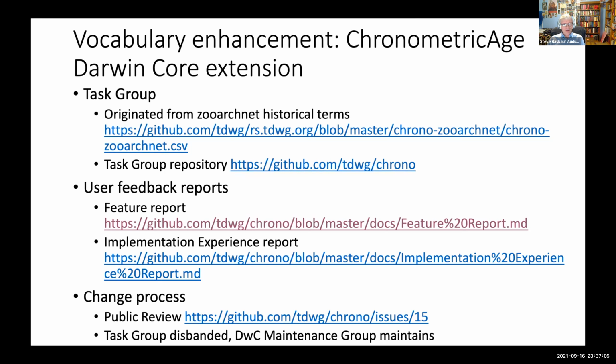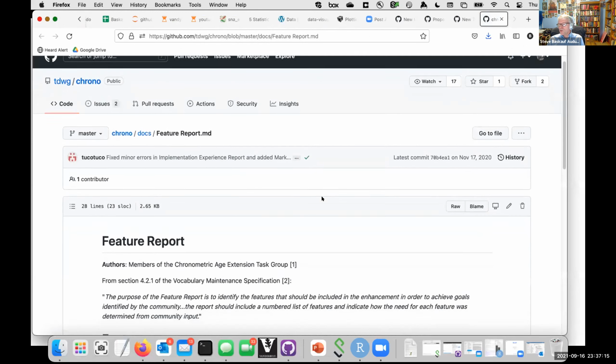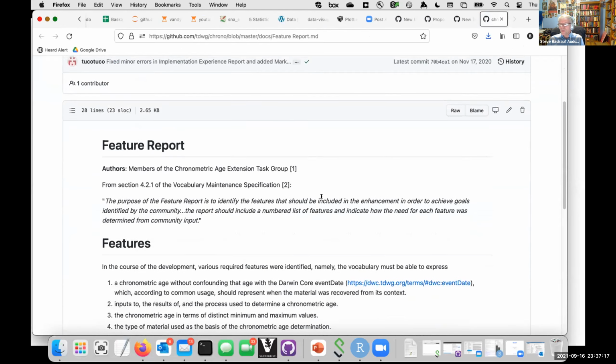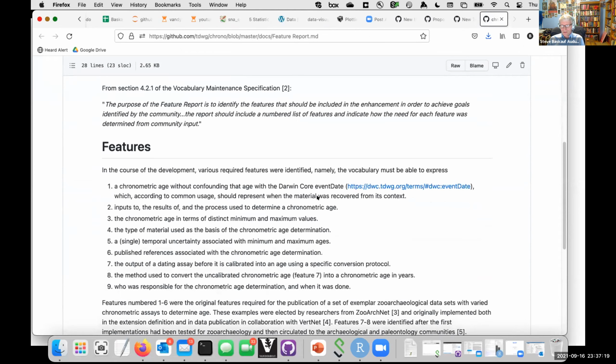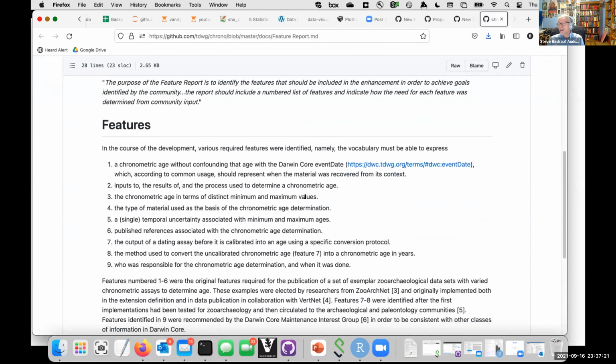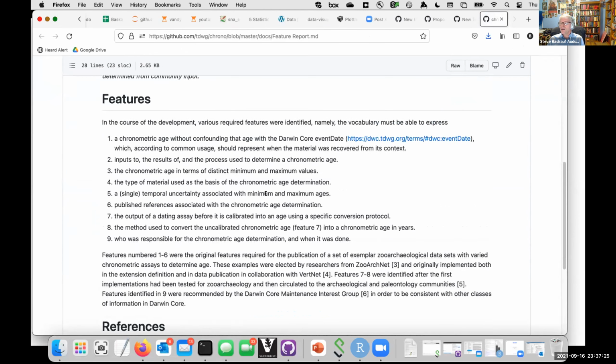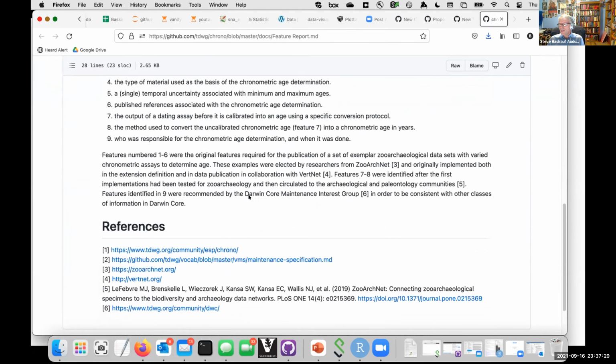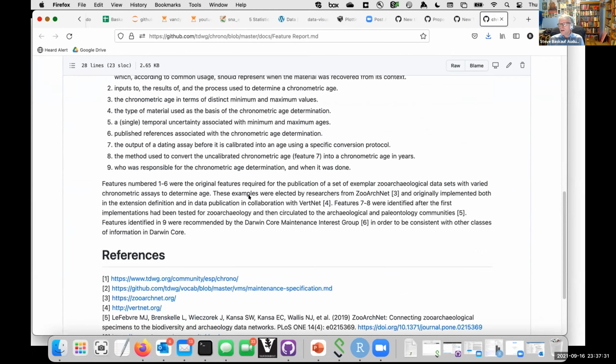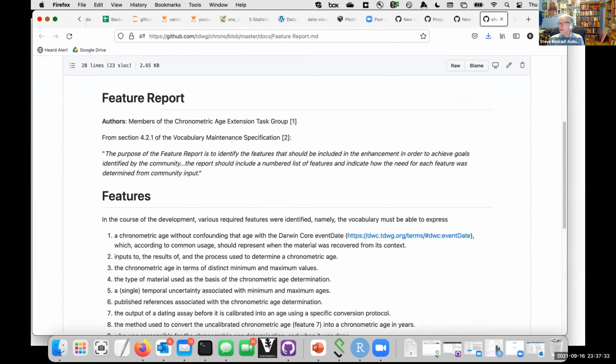And so there was a task group that worked on this. And then John Wieczorek is the first person to actually create a feature report with no previous examples to look at. And so as you can see, this feature report is not very long, but it lays out what the features were that they were trying to accomplish. And then it has some references to support that.